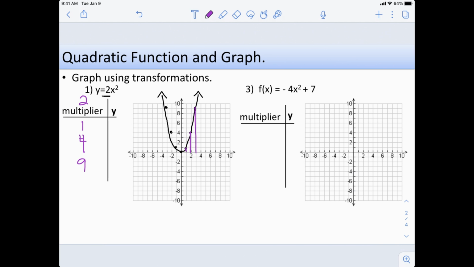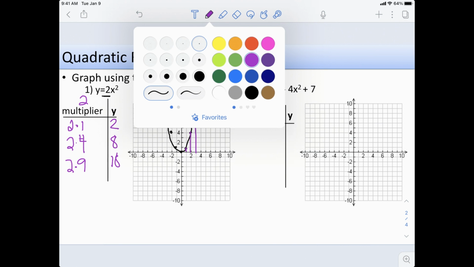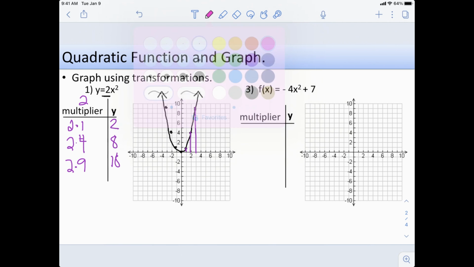Now we're multiplying it by 2. So instead of going up by 1, you're going to go up by 2. 2 times 4 is 8, and then 2 times 9 is 18, which is not going to fit on the paper. So let me show you how that works.